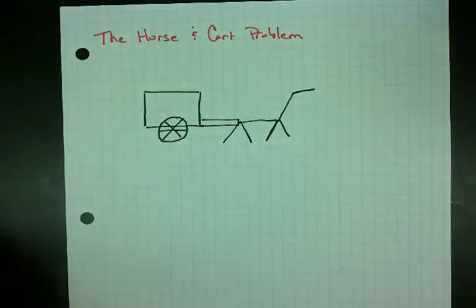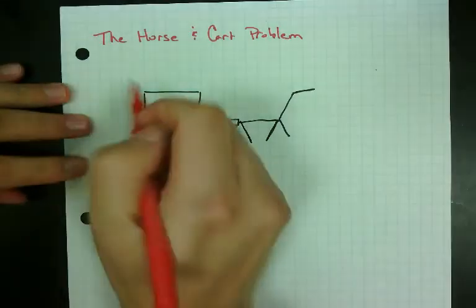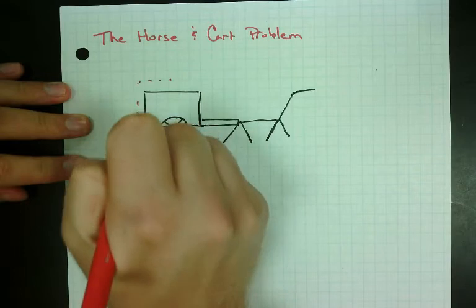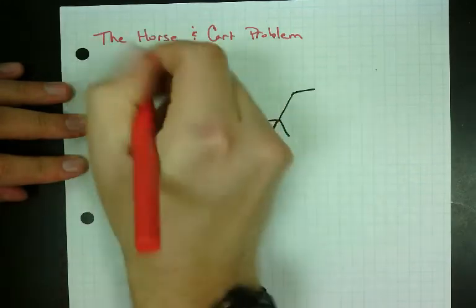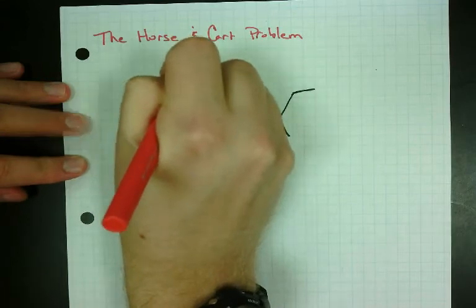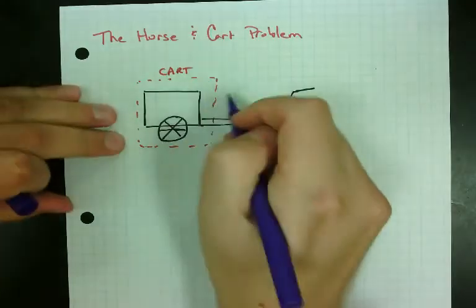So here is my very well drawn horse and cart, and I'm going to define two different systems. I'm going to define the system of the cart, and I'm going to define the system of the horse.